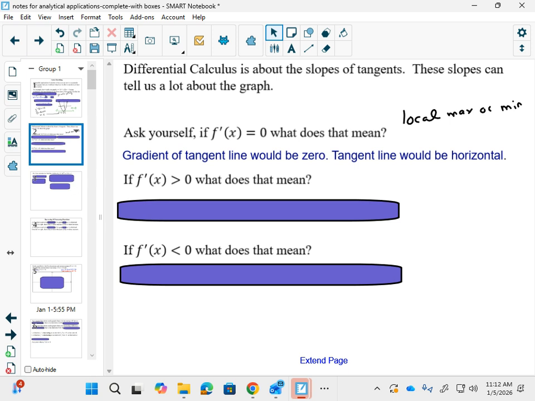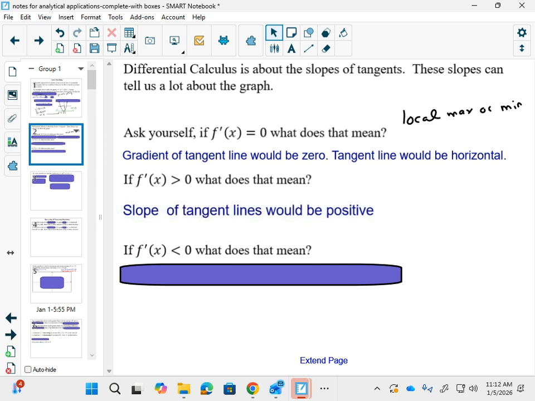If your derivative is positive, what does that mean? The slope of the tangent would be positive. So if I draw a slope of a line that's positive, we're going to find out that the only way that can happen is if your graph is increasing.